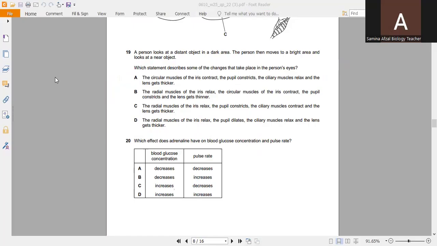The first option is, the circular muscles of the iris contract, the pupil constricts, the ciliary muscles relax, and the lens gets thicker. So this statement is not correct.